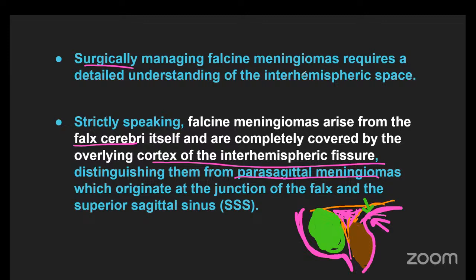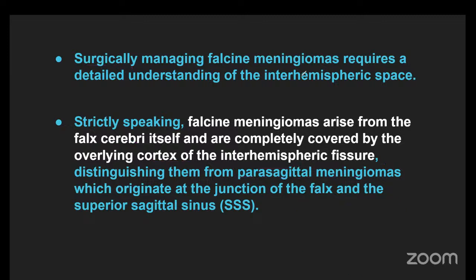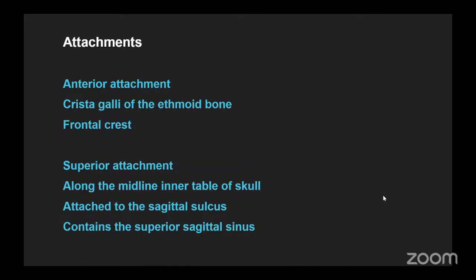So before we actually move on to the falcine meningiomas, let's look at some of the beautiful anatomy which is relevant to us. You all know the attachments of the Falx cerebri. We have the anterior attachment where it attaches to the crista galli of the ethmoid bone, the frontal crest.